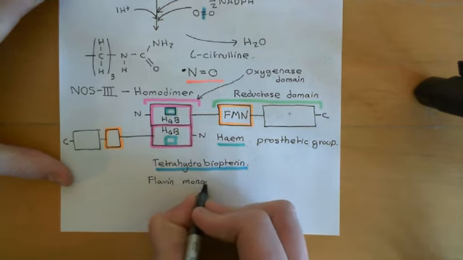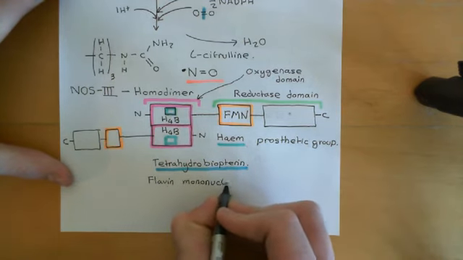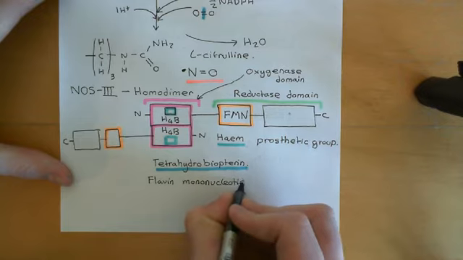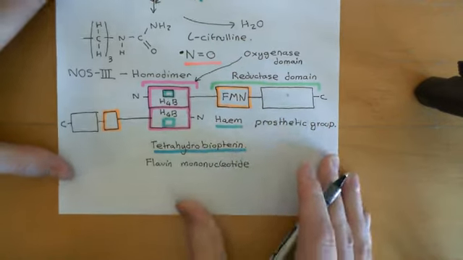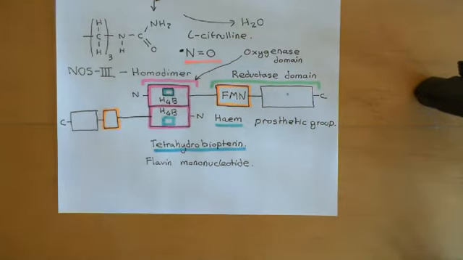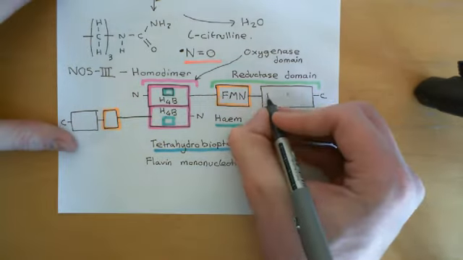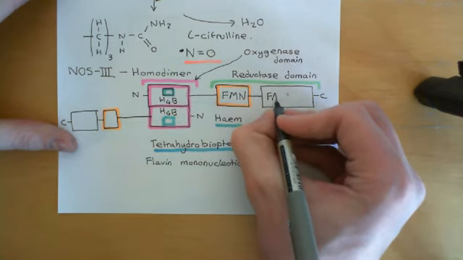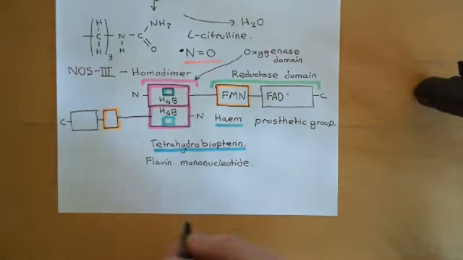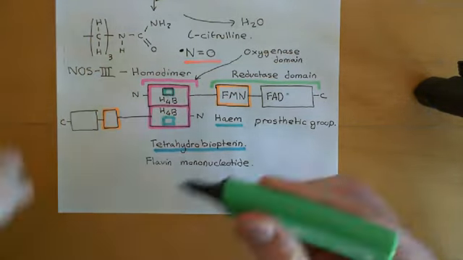Now, flavin mononucleotide is another electron carrier. It's capable of accepting electrons and carrying them. So we've got an electron carrier bound to that portion. Then here we're going to have another electron carrier, which is going to be FAD. I'm just going to highlight this in green over here.